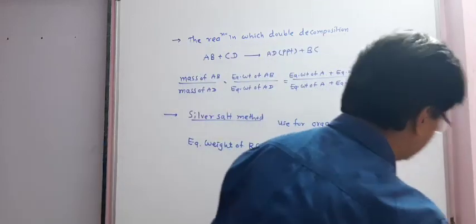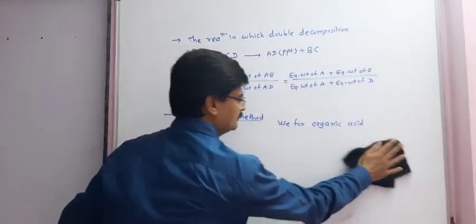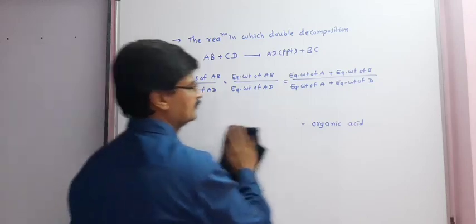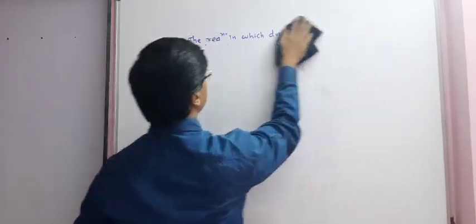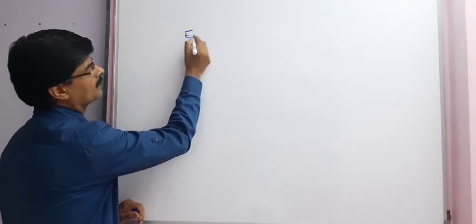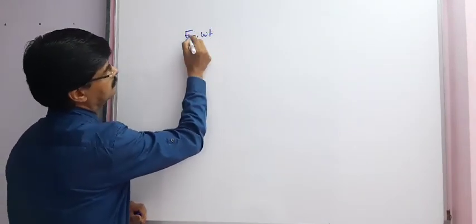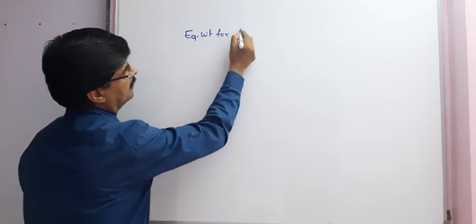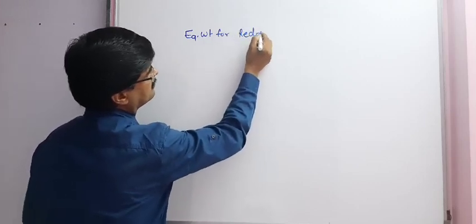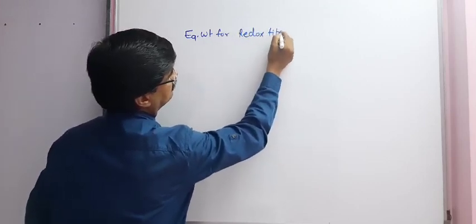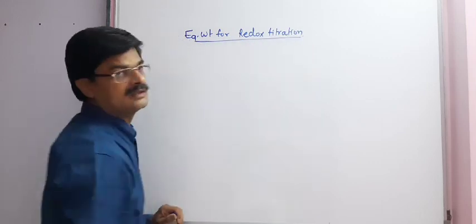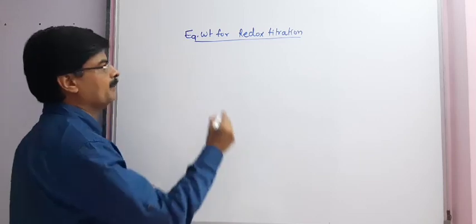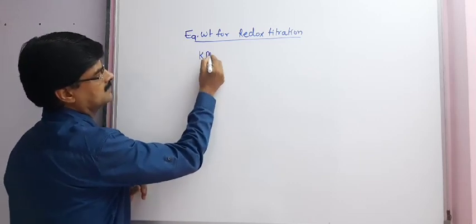Now in the next case, equivalent weight for redox titration. Let's take the example of potassium permanganate, KMnO4.